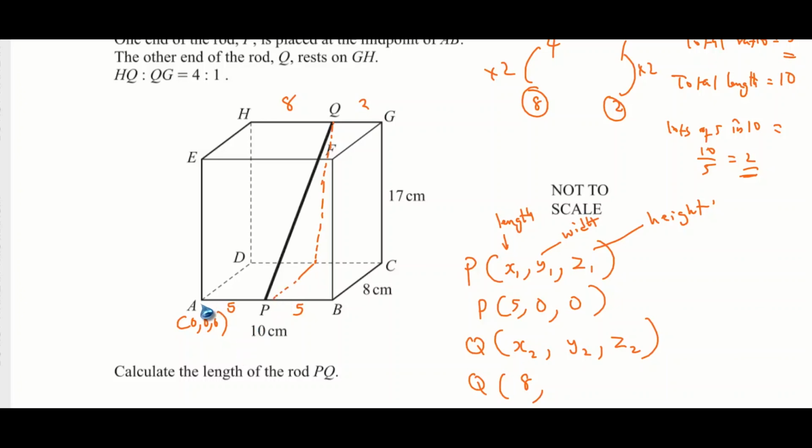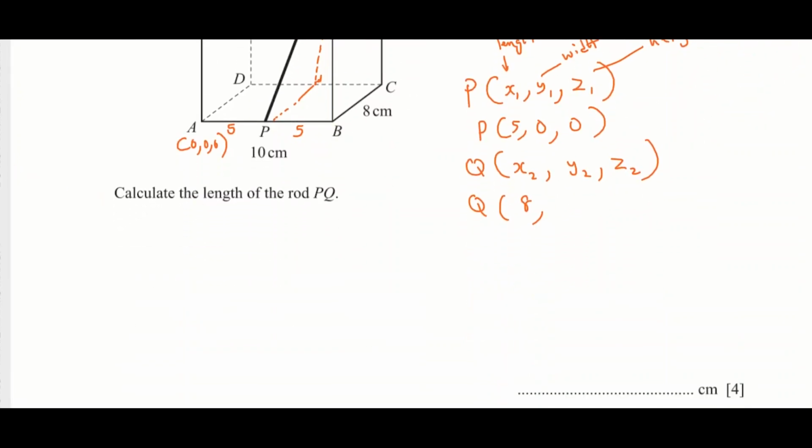From A, now you move like this, that is the length, but for point Q, the length is 8 and the width is also 8, and the height is from here to here, that is 17. So I'll put 8 here and this will be 17. So I have my value.